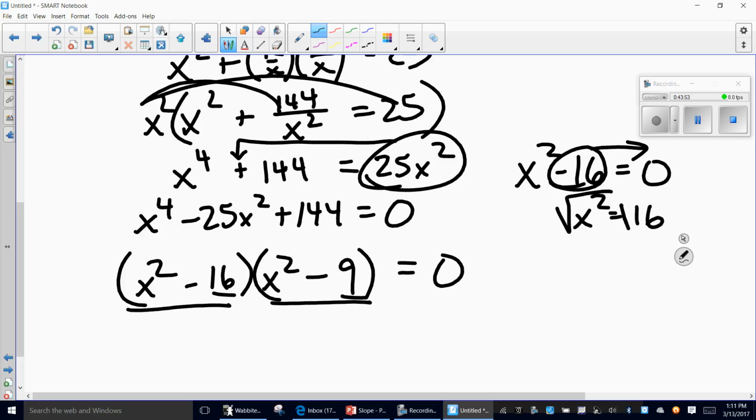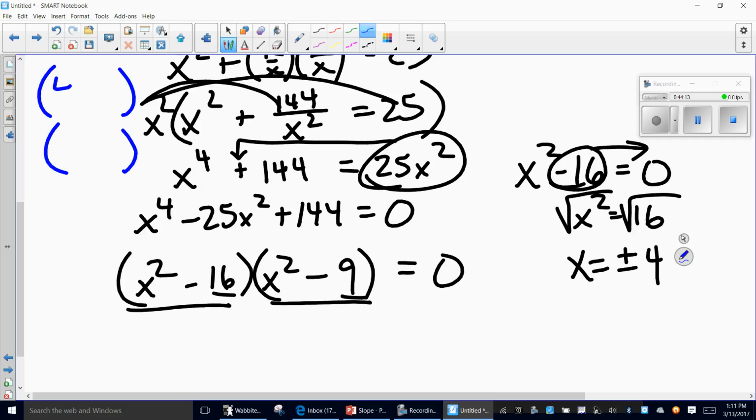Take the square root on both sides. And if I'm solving and I'm taking the square root, what's the square root of 16? So how many x's is that right there? So here's what I want you to do at your boards. I want you to go ahead and make 2 points. One is positive 4 comma something and one is negative 4 comma something.